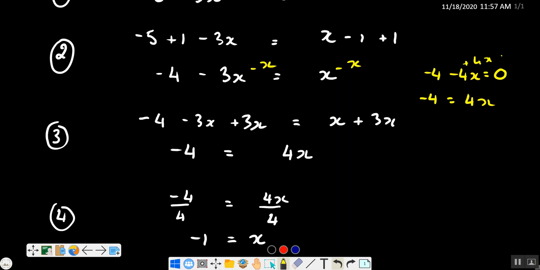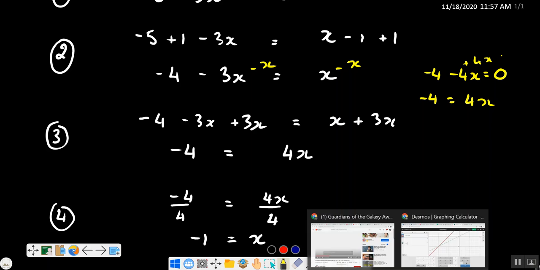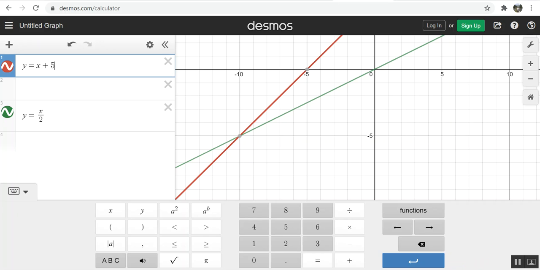What I would like you to do, though, guys, is using your laptops, if you're allowed, 3 people aren't, I would like you to confirm, please, using Desmos, that your 2 equations can be written separately, draw the graph, find the solution that way, and confirm that your answer matches that.